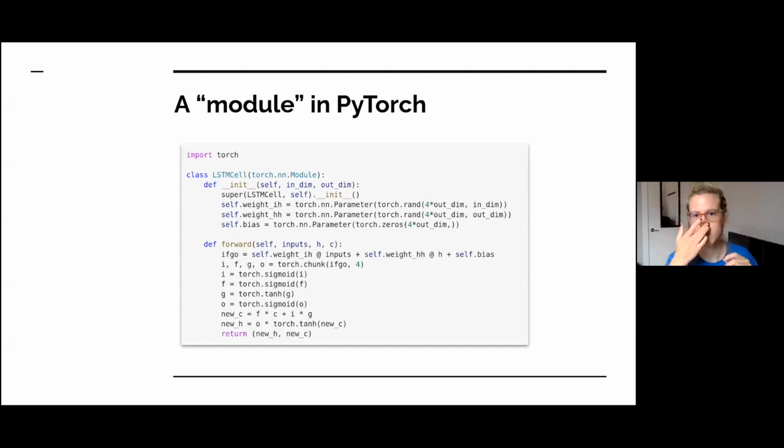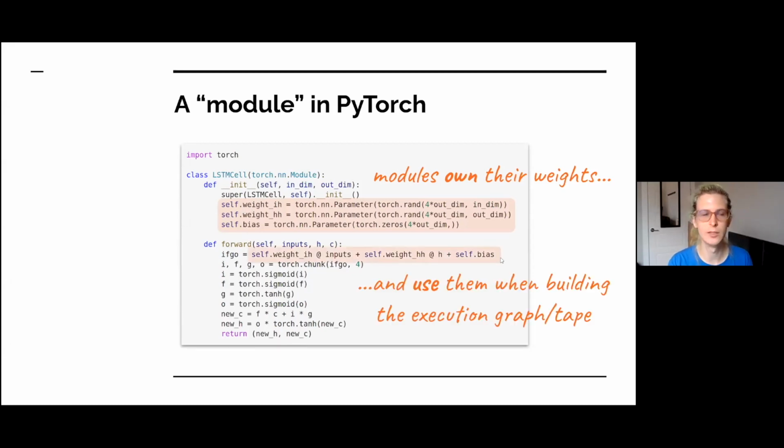This is what a module in PyTorch looks like. If you have never coded PyTorch or TensorFlow and this is your first neural net framework, wow. Okay, cool. But otherwise, probably you've seen some of this, right? We've seen this in the talk just before, modules that own their weights. This is just a tensor and we give it some initialization. And so the class now owns its weights. It can use it when building this execution graph, when compiling this tape.